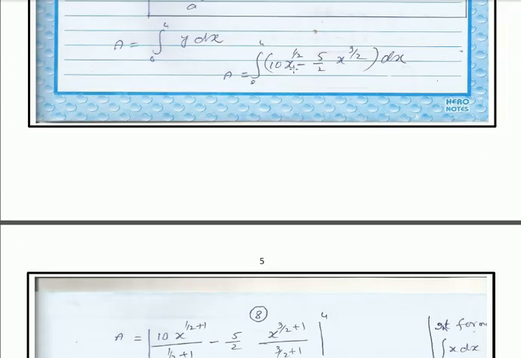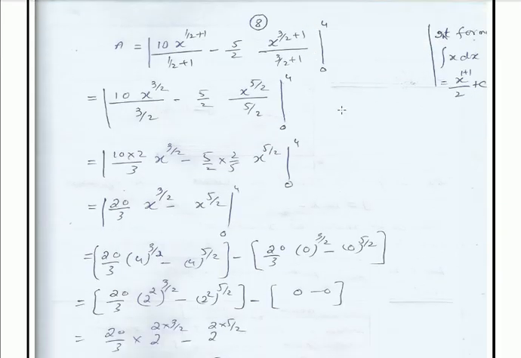The integration of x^(1/2) is x^(1/2 + 1) over (1/2 + 1). Similarly for x^(3/2) over (3/2 + 1). 10 and 5/2 are constants. So in this case, 10 x^(3/2) over 3/2 minus (5/2) x^(5/2) over 5/2, with limits from 0 to 4.